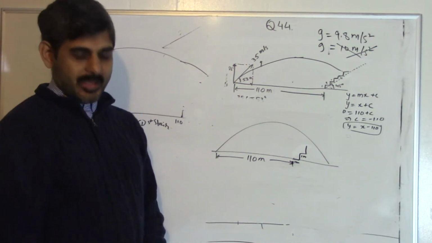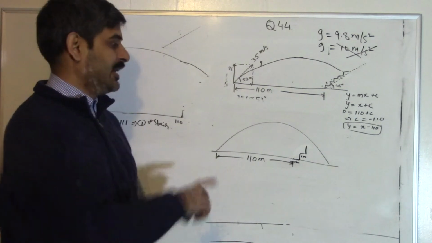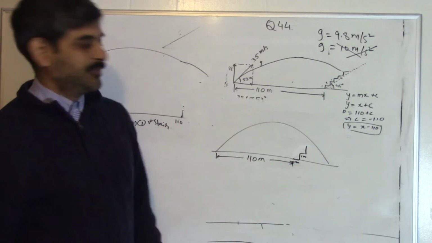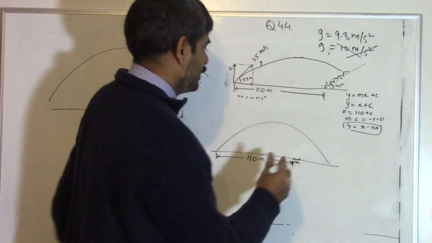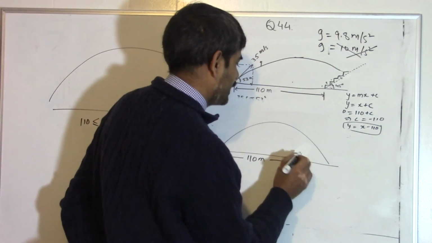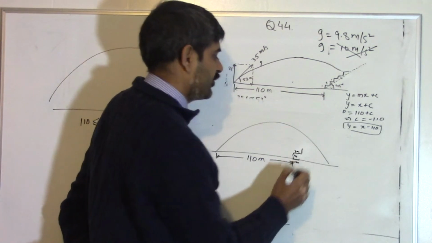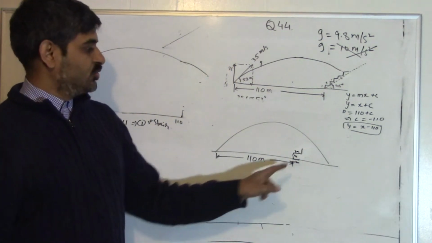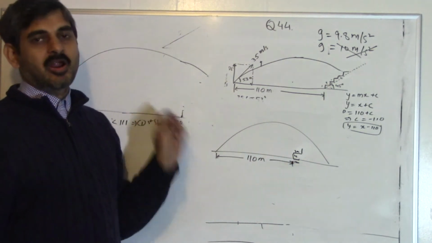But it looks like this should have been clearly shown by making a diagram like this. It looks like the solution favors this arrangement where the stand starts exactly from this point with 1 meter and 1 meter. That means you do not have leg space. The leg is on the ground of this thing.